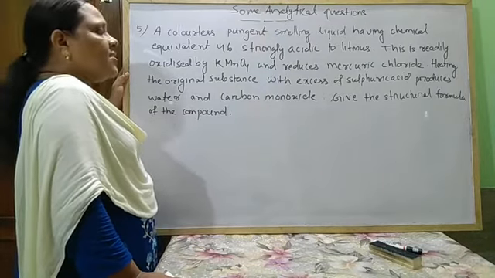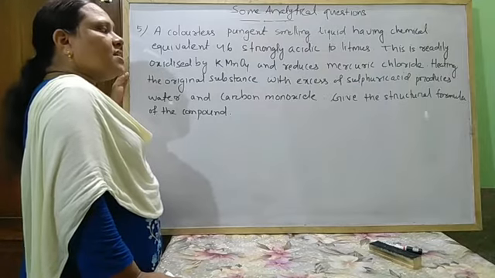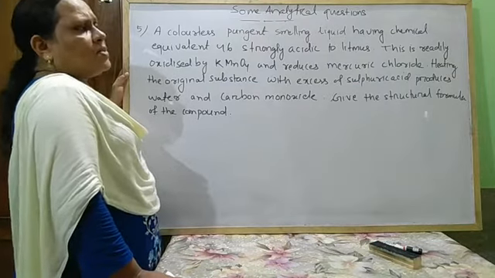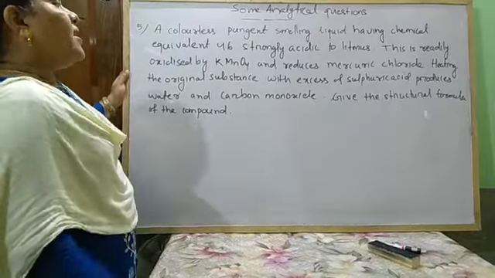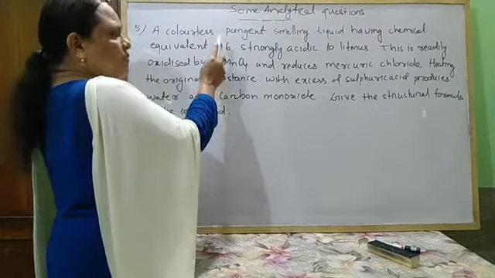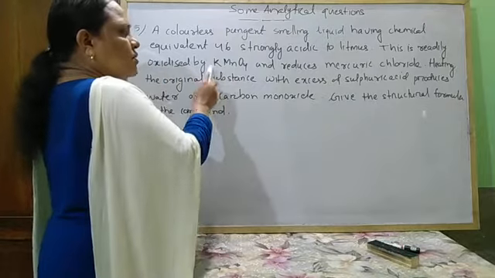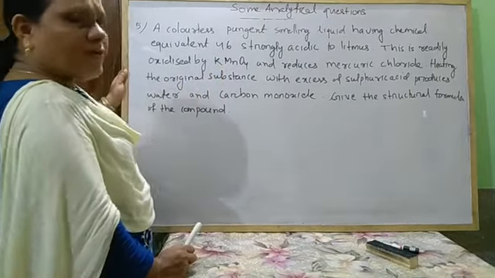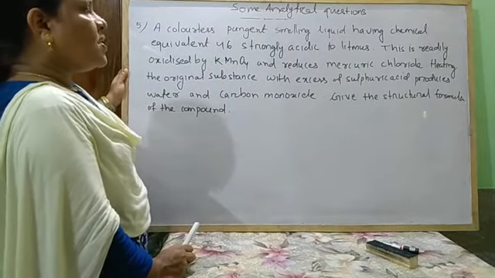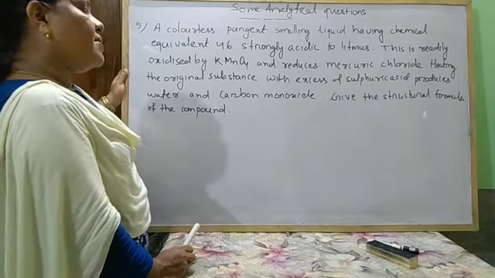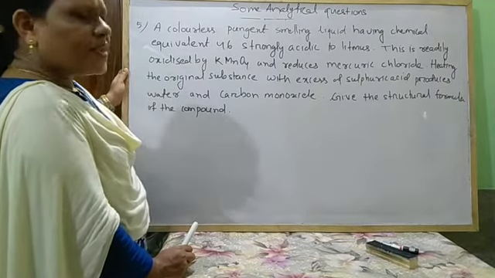This is readily oxidized by potassium permanganate. So this is an acid with chemical equivalent 46, oxidized by potassium permanganate. From that we can conclude the acid may be formic acid.